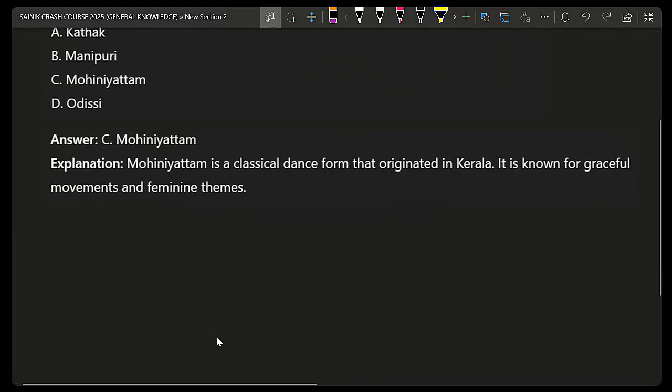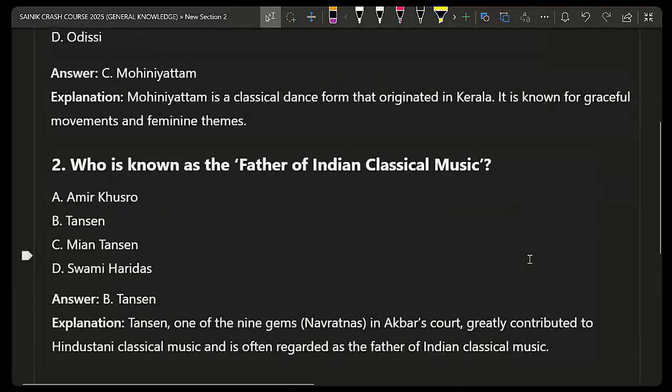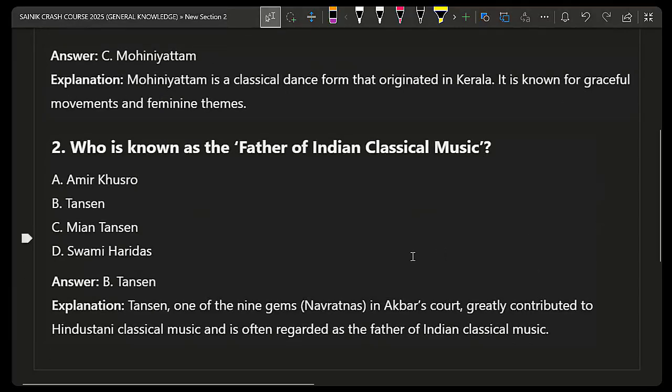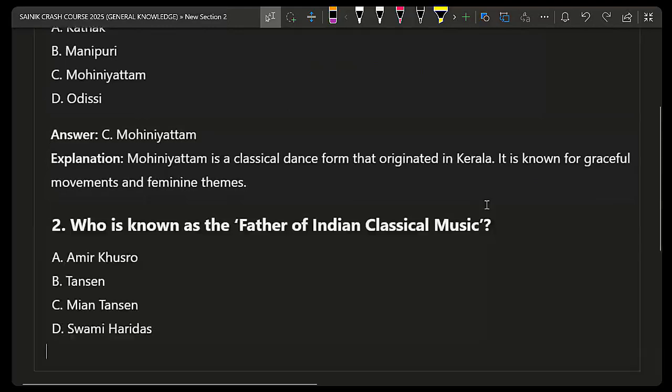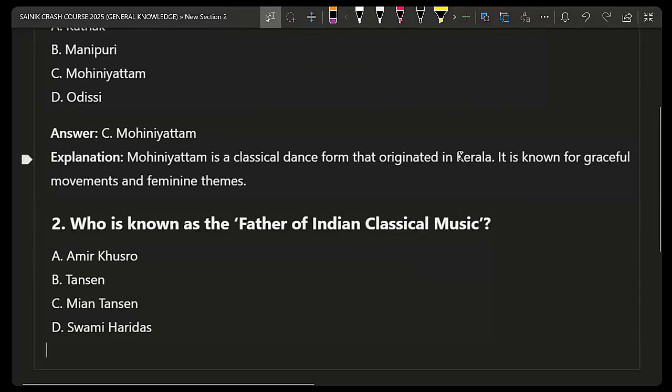The next question is the second one. Who is known as the father of Indian classical music? Amir Khusro, Tansen, Mian Tansen, Swami Haridas.